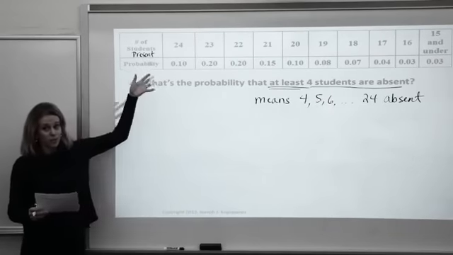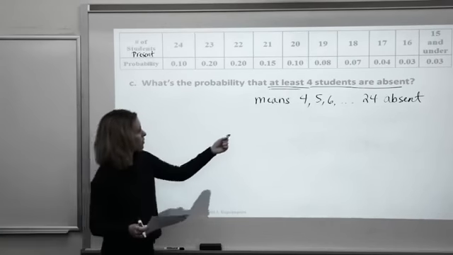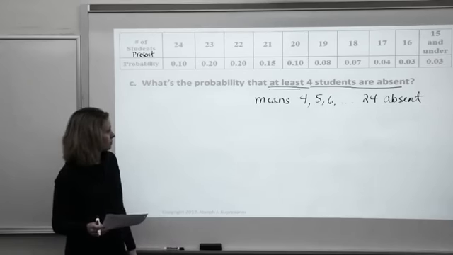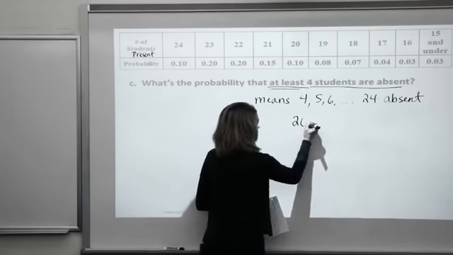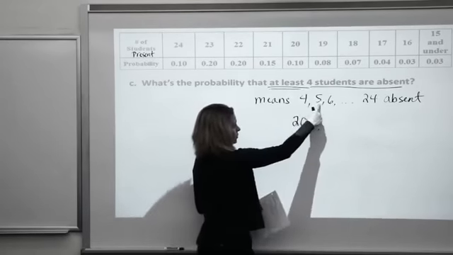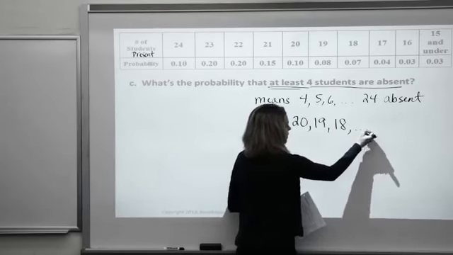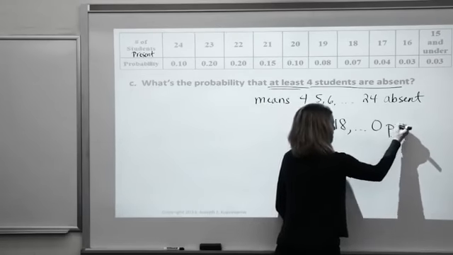Again, our table is written in terms of the number of students that are present, and so if 4 students are absent in a class of 24, that would mean that 20 students are present. If 5 students are absent, 19 students are present, and so on. If we had 24 students that were absent, nobody would be present.